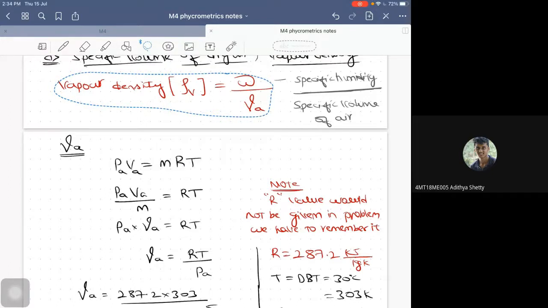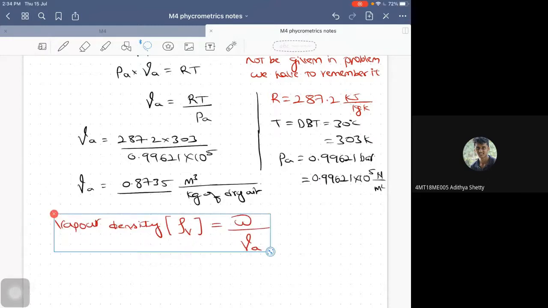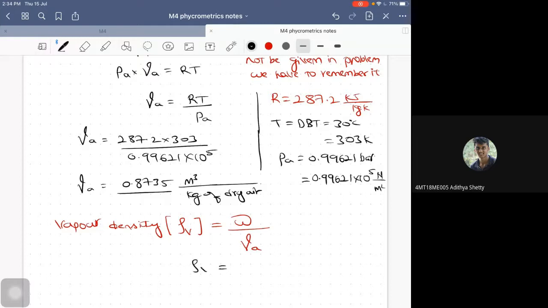So from this, rho v is equal to omega value, which was 0.0106, divided by 0.8735.